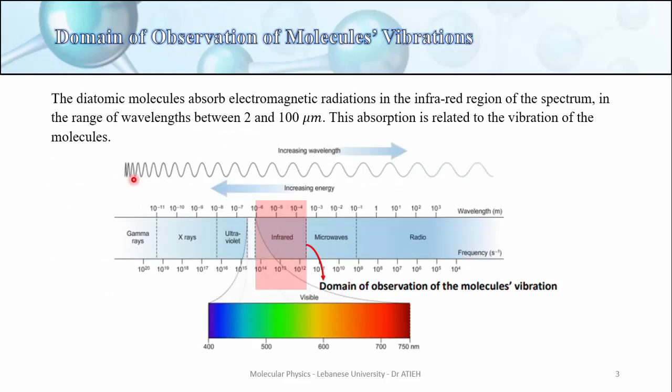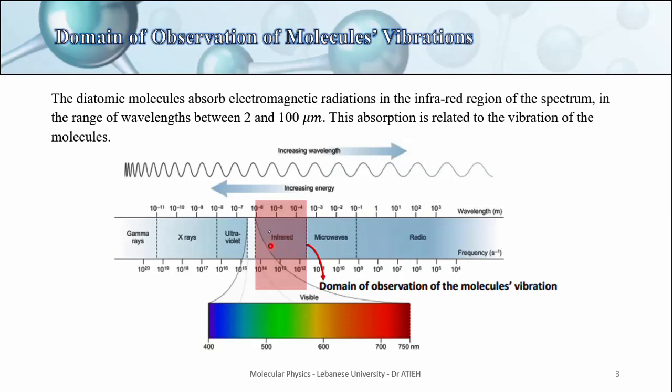In the last chapter, we have explained that the diatomic molecules absorb electromagnetic radiation in the microwave region due to their rotational motion. Now we also observe that diatomic molecules absorb electromagnetic radiations in the infrared region. These radiations are absorbed not due to rotational motion, but due to vibrational motion of the molecule.